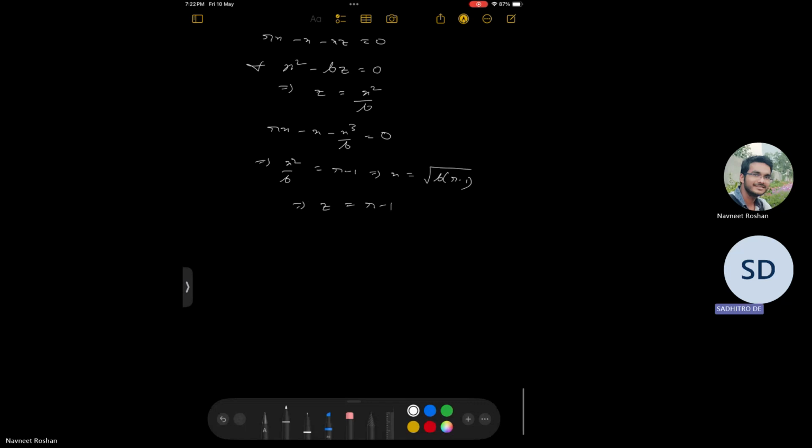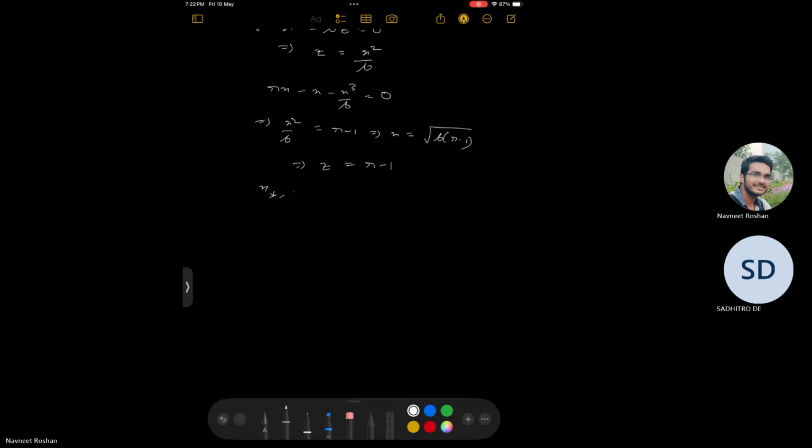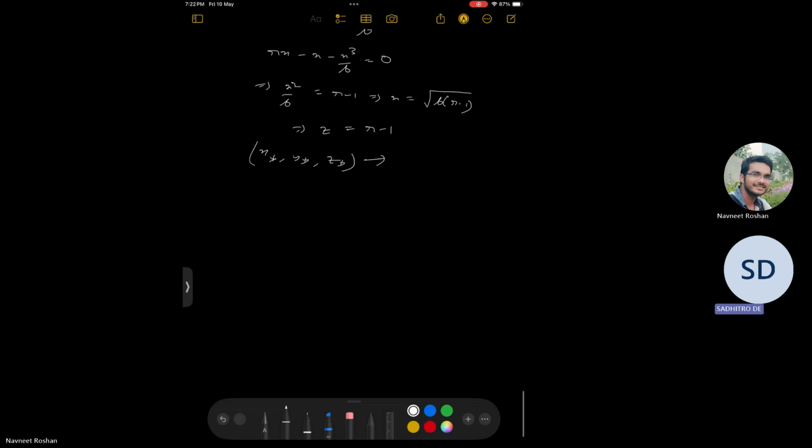Therefore the other fixed points are these.